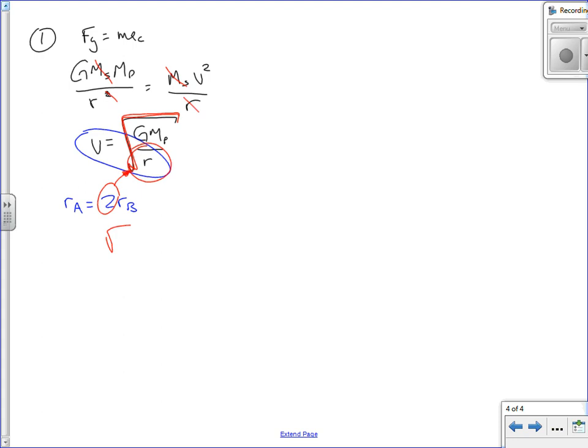Now, what we know from the other day is we watched things orbit. We looked at some animations of some orbits, right? And the closer you are in here, the faster V is. Out here, V is something like that. So since A is farther away than B, A's got to go slower.